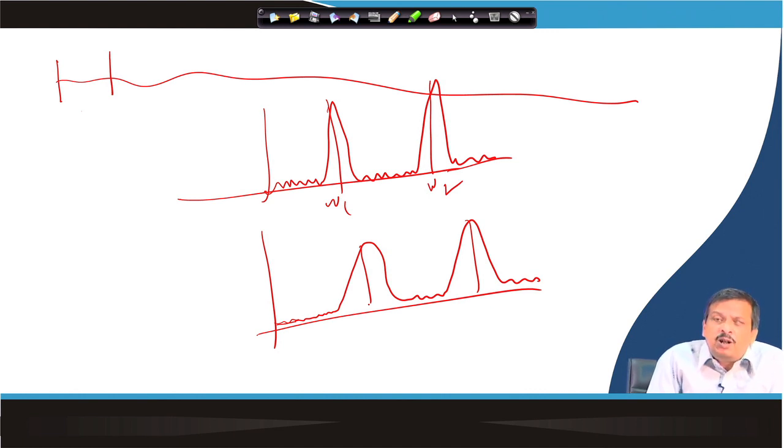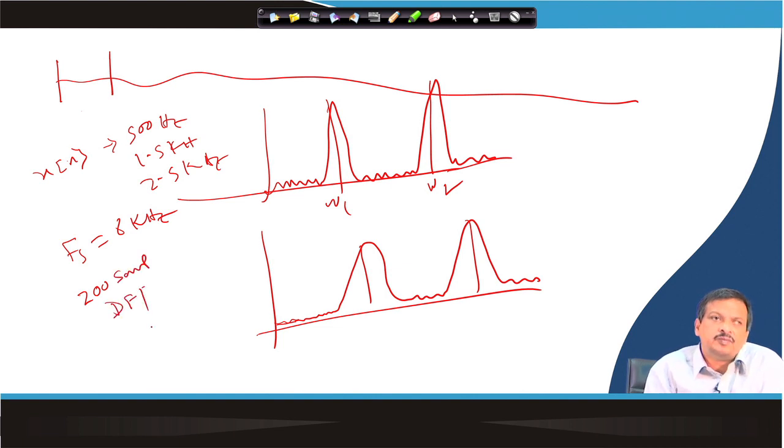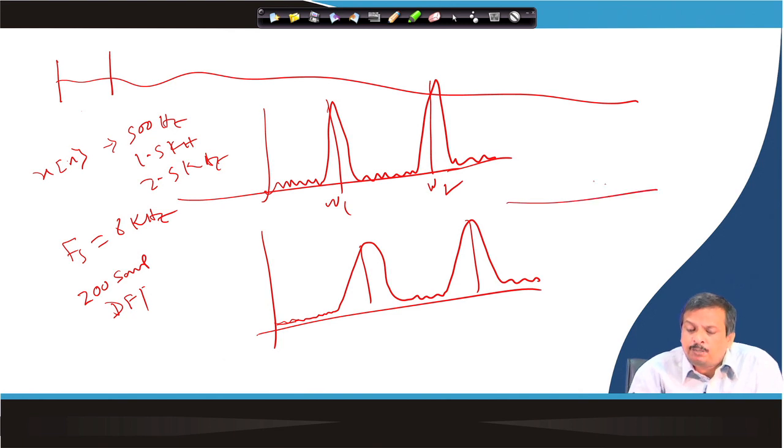Now, again, for a practical example, you can do it. Let us say I told you to generate x of n with frequency components of 500 hertz, 1.5 kilohertz and 2.5 kilohertz, and sample it with Fs equal to 8 kilohertz. Then take 200 samples, compute the DFT, and plot the spectrum of that DFT output.